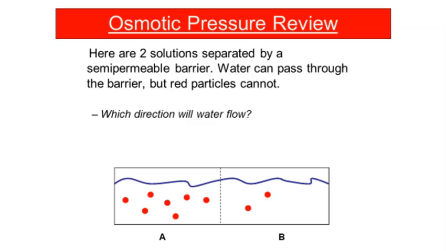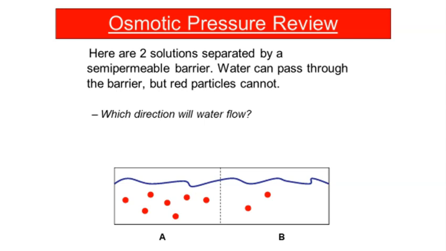So let's assume that we have two compartments, compartment A on the left in this diagram and compartment B on the right. And these two compartments are separated by a semi-permeable barrier like a plasma membrane. So water can pass through this membrane by osmosis, but the red particles that are suspended within those two fluid compartments cannot pass through the plasma membrane.